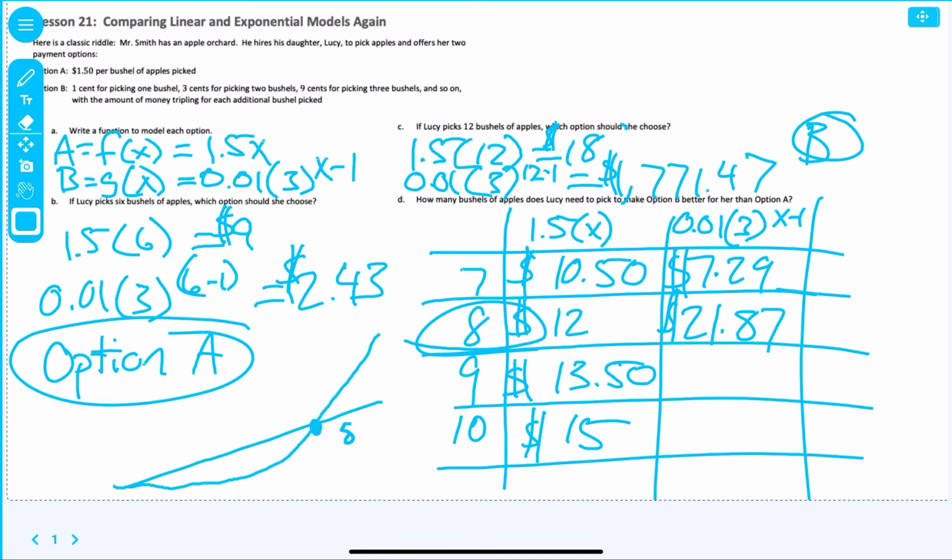So it would have been in between 7 and 8, right? So she picked like 7.23 bushels or something like that. Because at 8, it's way more. At 8, it's going to be up here, right? This would be at 8 up there because it's more than. All right?